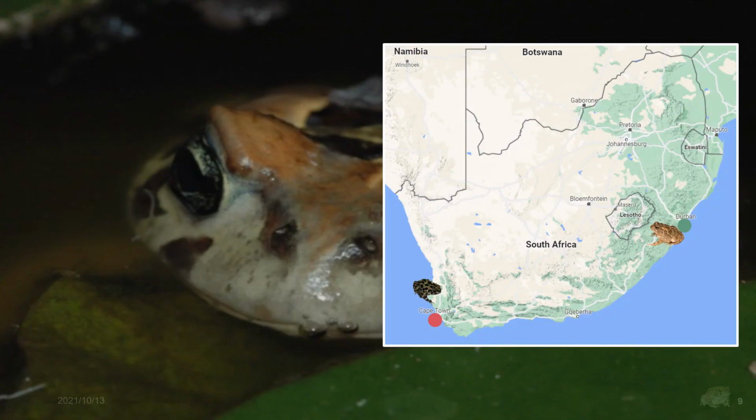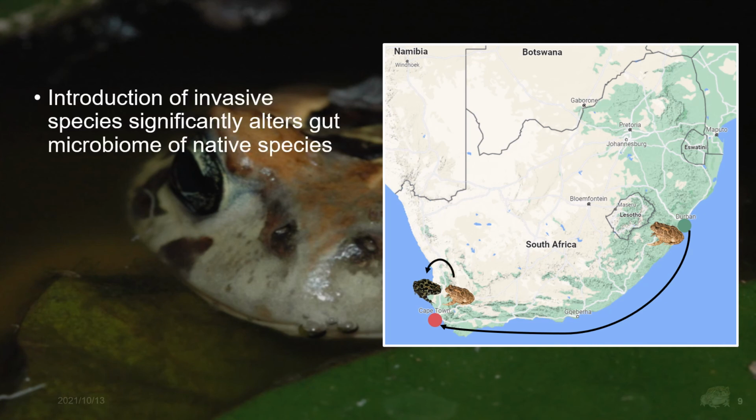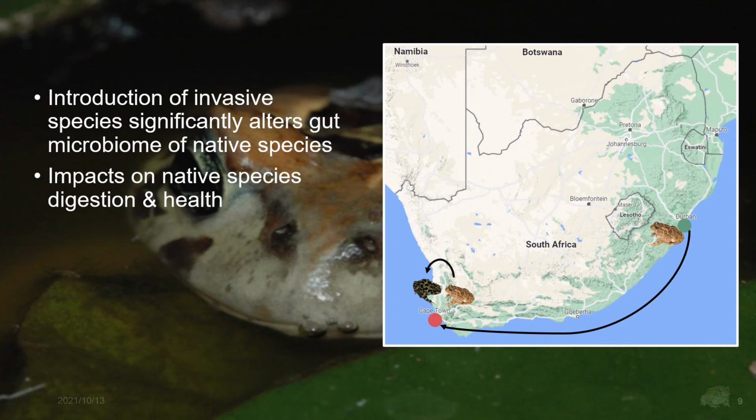Okay, I just want to finish off by summarizing our results because I kind of bombarded you all with loads of cool results. So we did find that the introduction of the invasive guttural toads does significantly alter the gut microbiome of the endemic western leopard toad, and this is especially concerning because it indicates that there are impacts on the native species' digestion efficiency as well as their health.